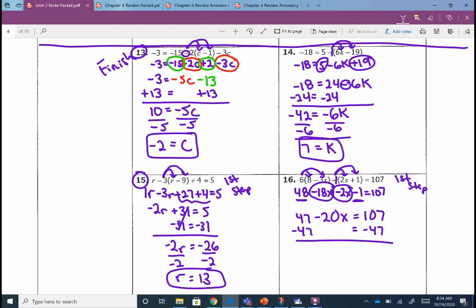So I need a 0. So positive 47 minus 47 gives me that 0 I need. Here's again where we have to be careful. The 20x that is left, it's a negative 20x. 107 minus 47 gives me 60.